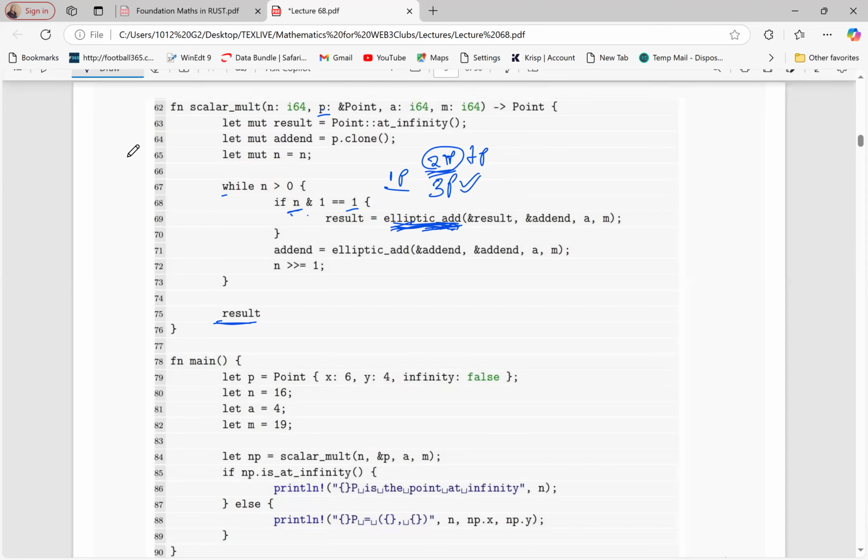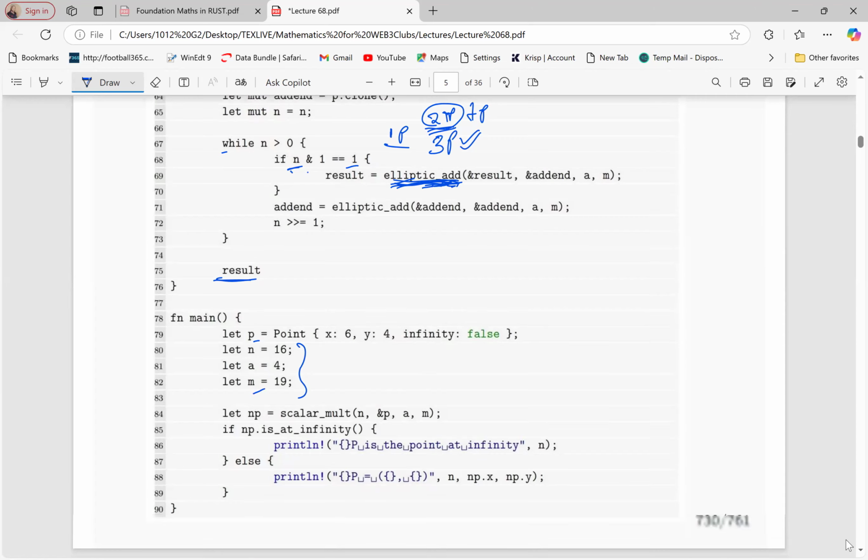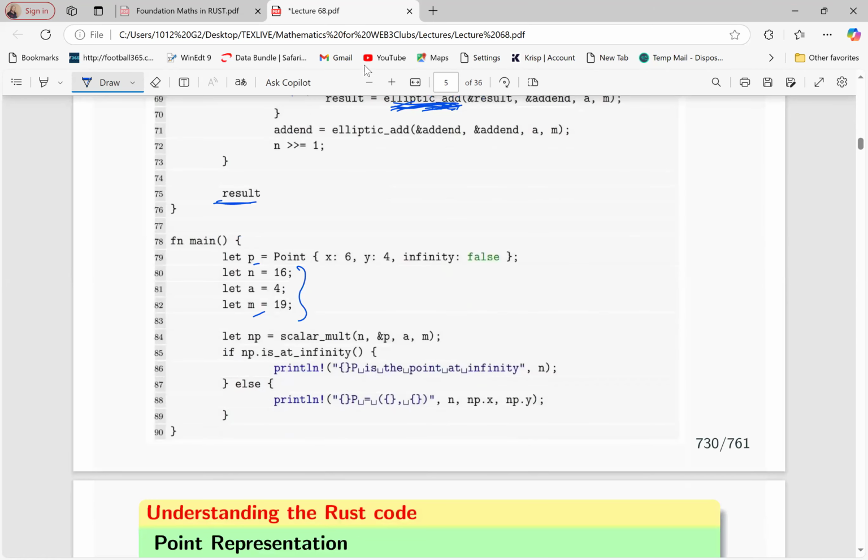Okay, then we have the main function. The main function is where you initialize your values, putting value of n, putting value of a, and putting value of p, putting value of m, and so on. Now I've added notes here that explain how the code works.